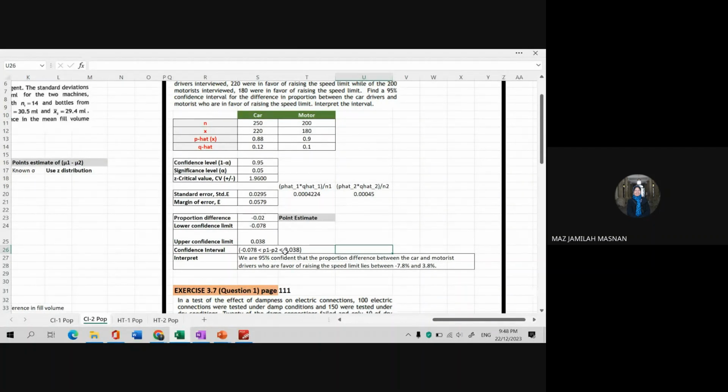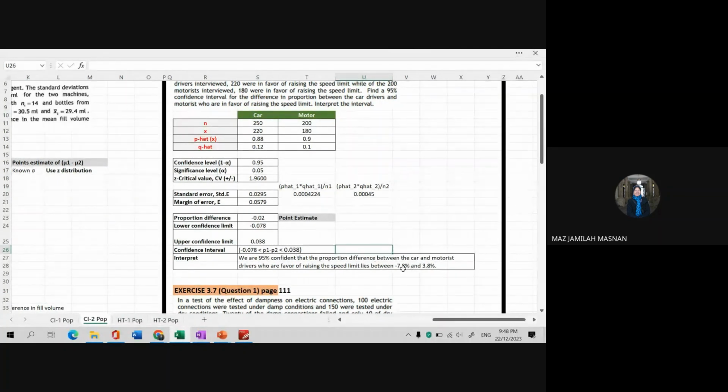and the upper limit is 0.038. If you need to conclude, you can conclude we are 95% confident that the proportion difference between the car and motorist drivers in favor of raising the speed limit lies between negative 7.8% and 3.8%.